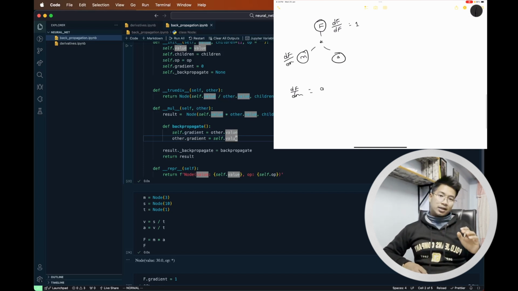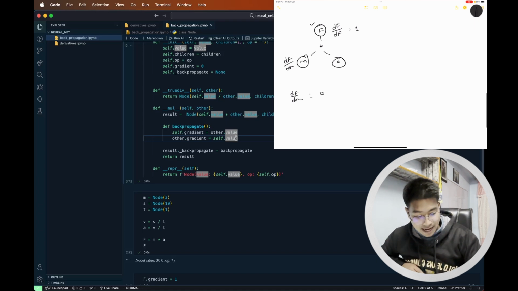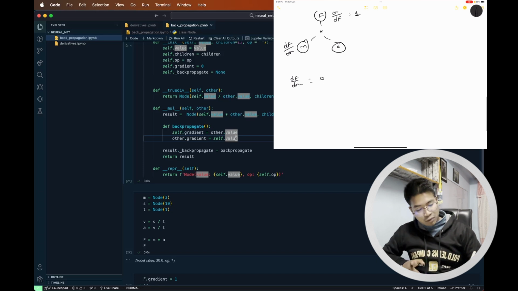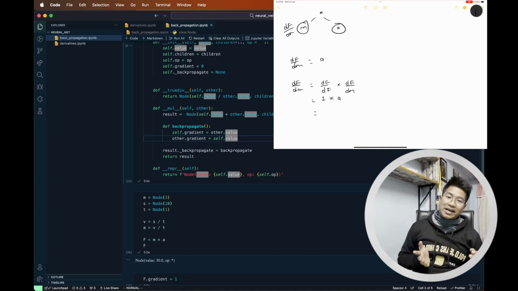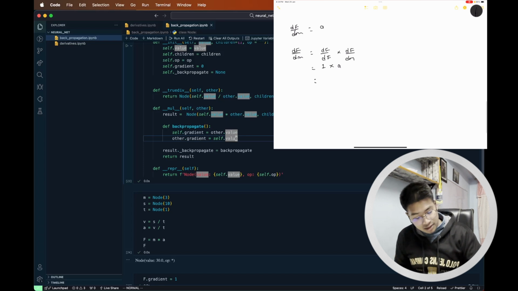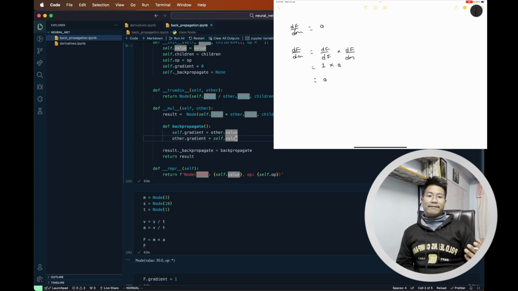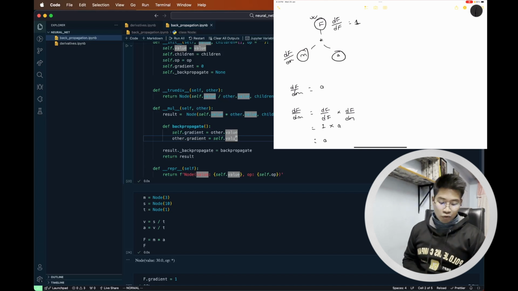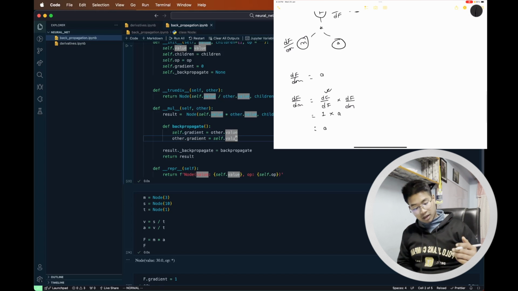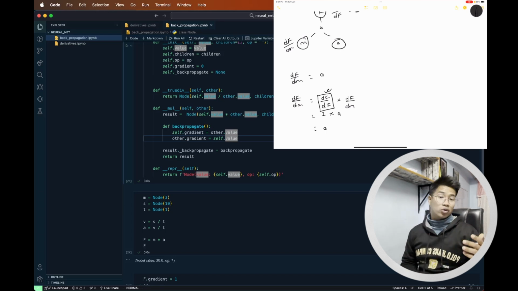But in the case when the parent node, this f over here, does not have a gradient of 1, the actual way to calculate the gradient would look something like this: df by dm is equal to df by df into df by dm, which is 1 times a. Just because df by df is 1 over here, it does not matter to not include it. But if this node f was somewhere in the middle, then it would matter for this term to be included, because it would no longer be 1.